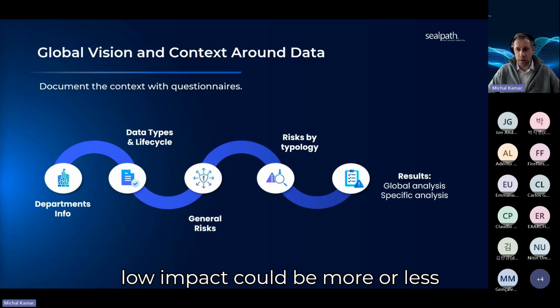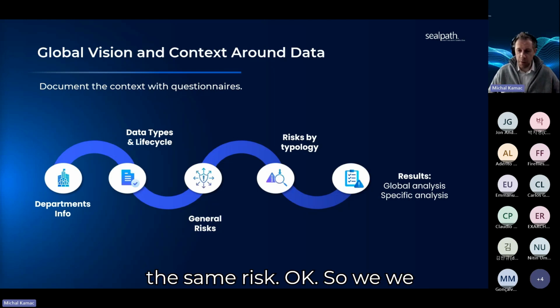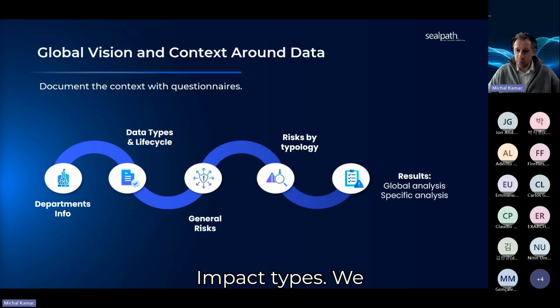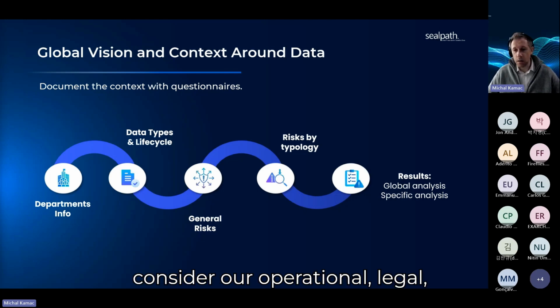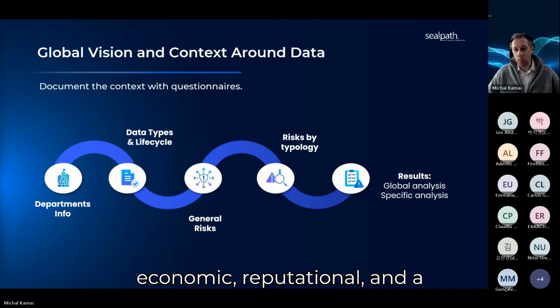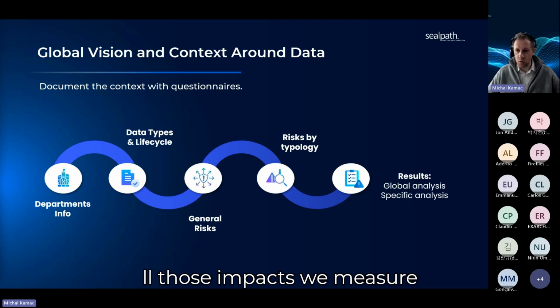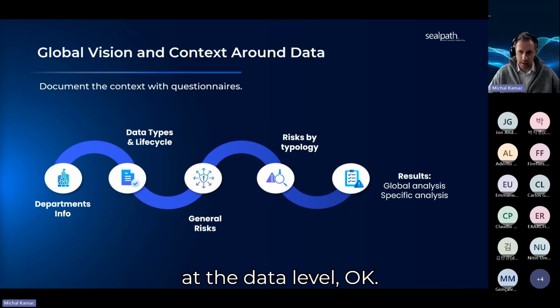Could be more or less the same risk. Okay, so we multiply those two factors, and the impact types we consider are operational, legal, economic, reputational, and all those impacts we measure at the data level.